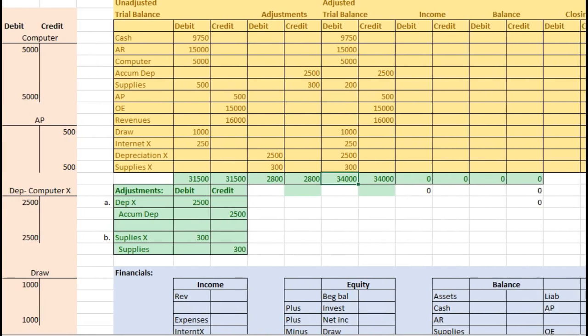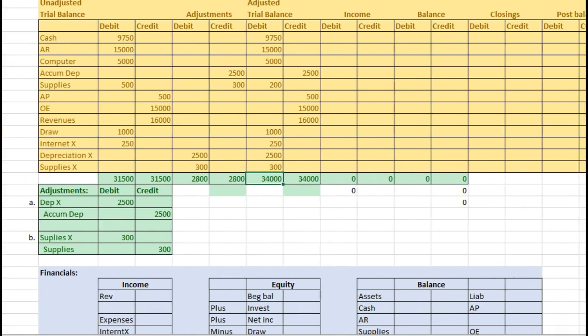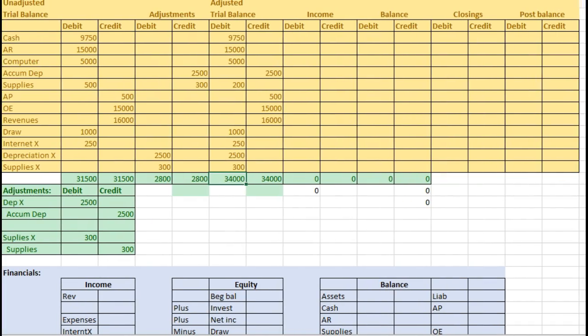As I move this over, we're done with the general ledger for a while. Now we're looking at being able to do an income statement and a balance sheet. Pull our numbers off. So again, we know what our income statement accounts are. Those would be revenues, right? And so we'll pull that over.